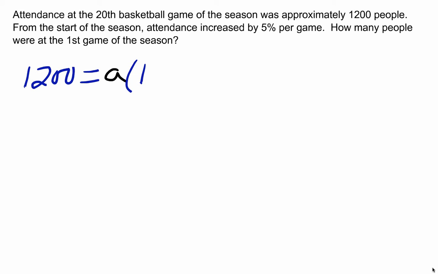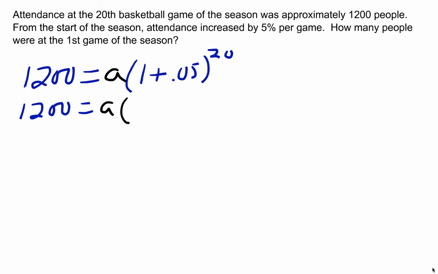And then it's 1 plus, because it's exponential growth, 0.05, and we're talking about after 20 games. So we're going to have 1,200 equals A times 1.05 to the 20th power.